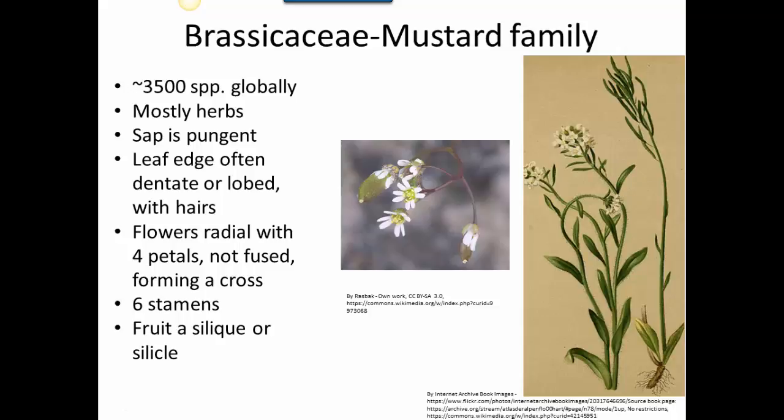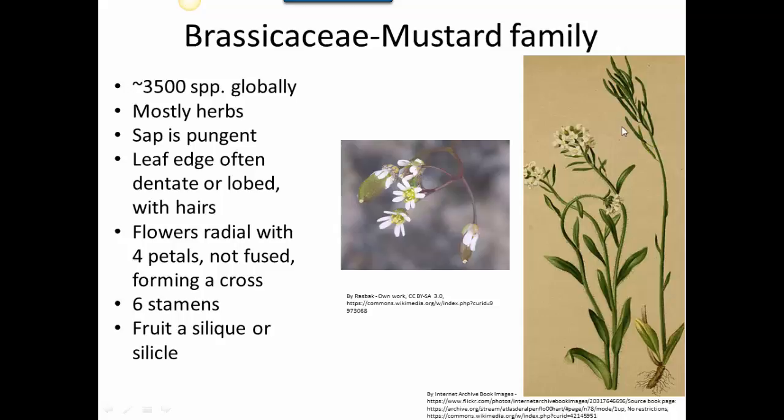And people talk about how it looks like these petals are in a cross. So these 2 are running straight up and down, whereas these 2 are running side to side. Members of the mustard family generally have 6 stamens, and the fruit is a silique, which we see here.